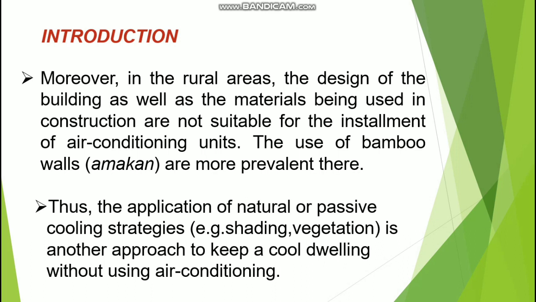The use of bamboo walls, or what we call amakan, are more prevalent there. Thus, the application of natural or passive cooling strategies such as shading vegetation is another approach to keep a cool dwelling without using air conditioning.